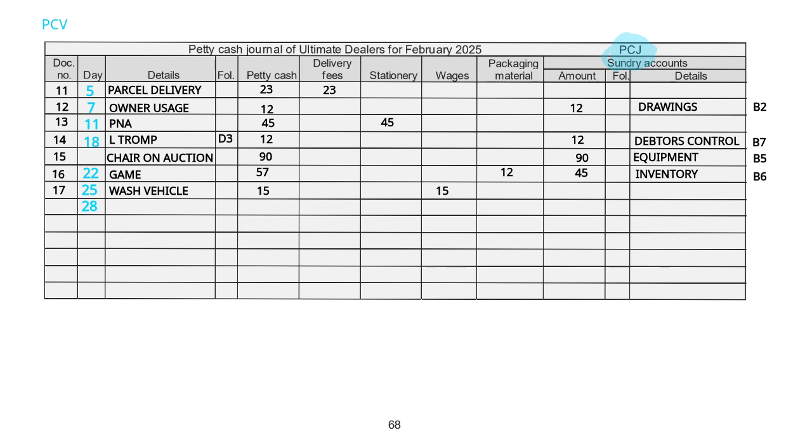Then on the 28th, issued a petty cash voucher for 16 Rand to buy stationery from C&A. So it's your petty cash voucher number 18. It's for C&A. The amount is 16 Rand in petty cash. And then stationery, 16 Rand.